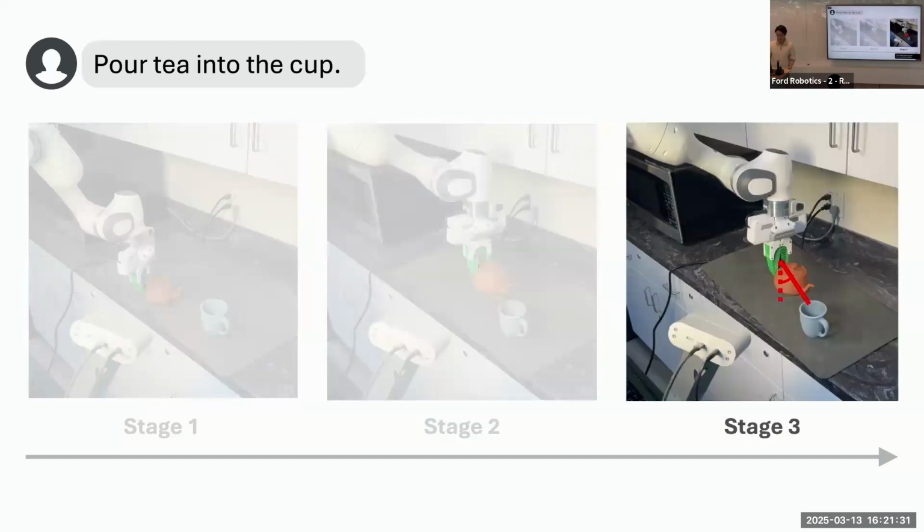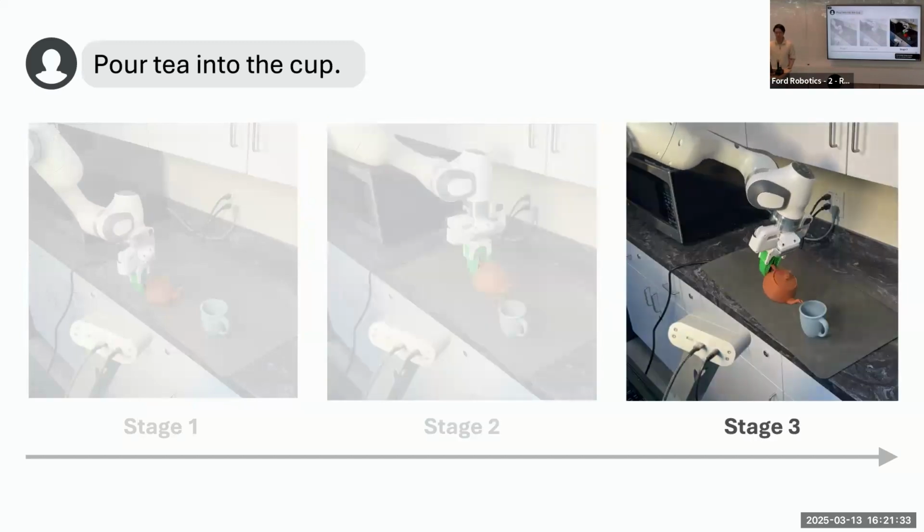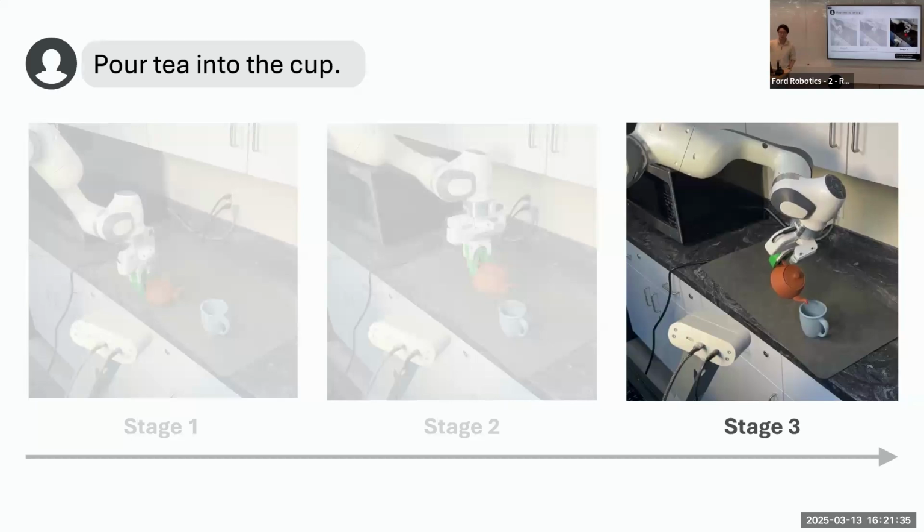At the end of the third stage, you want to make sure the teapot is tilted to a certain angle. But during the process, you want to make sure the tip of the teapot is always right above the cup. That essentially specifies the axis at which the robot rotates. So there are a lot of nuances, like the relationships between different entities, that need to be considered in the planning for this specific task.